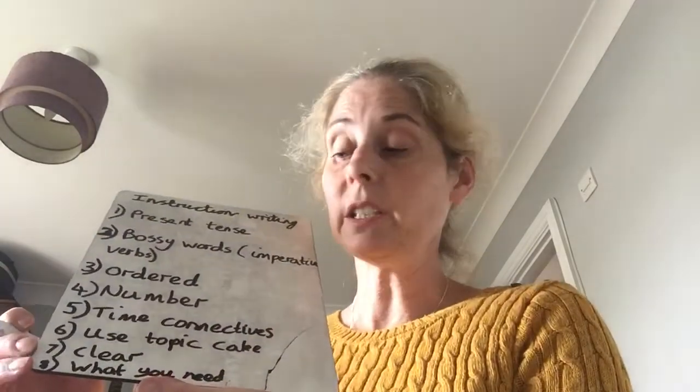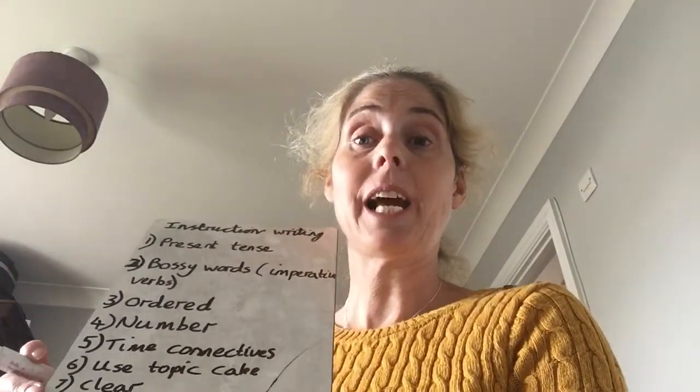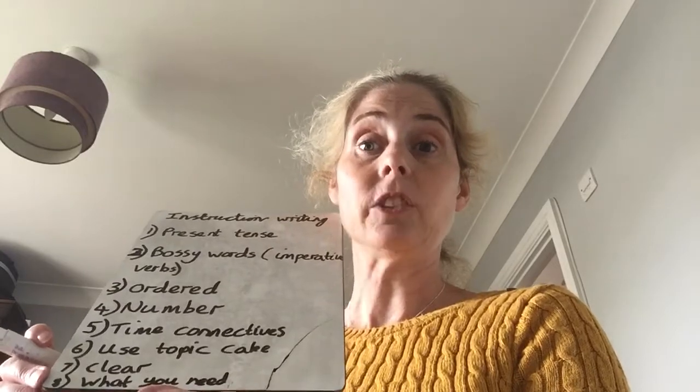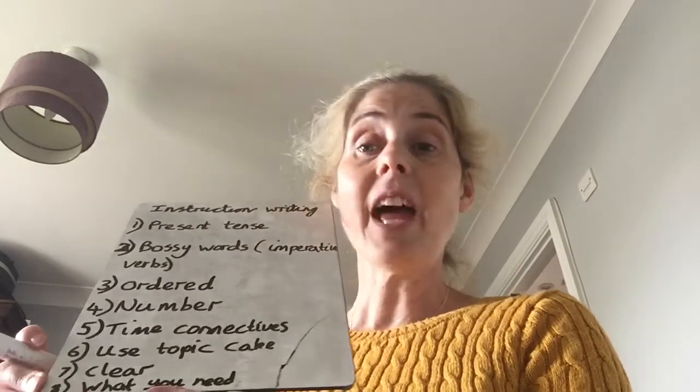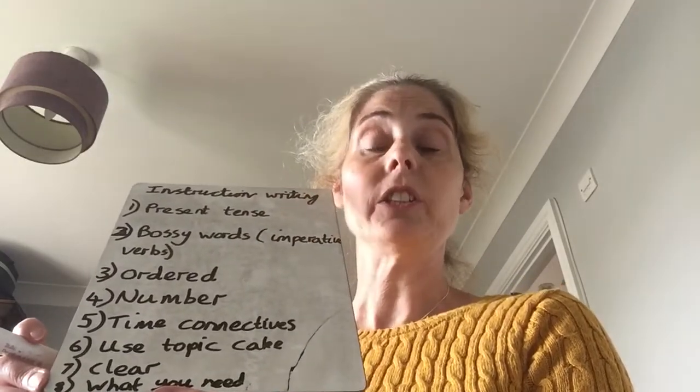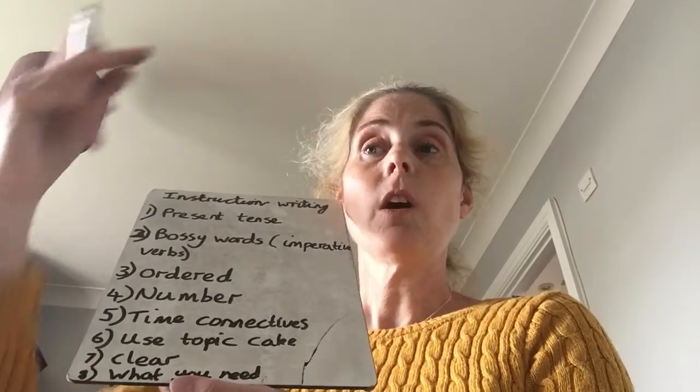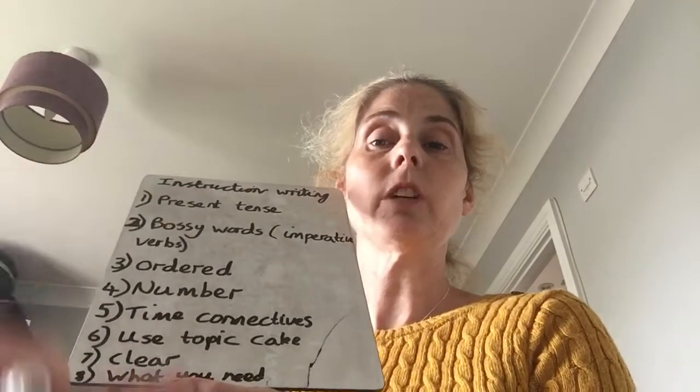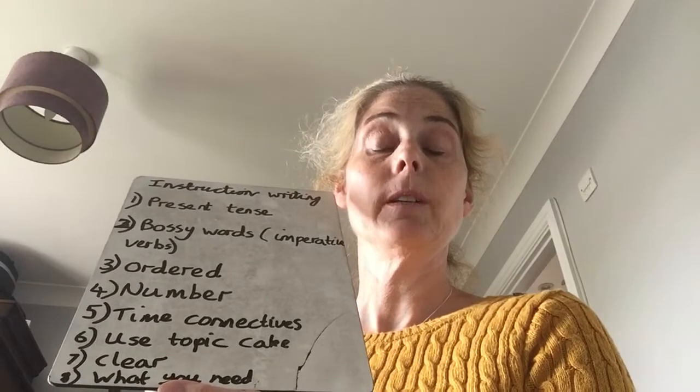Okay, the equipment you might need to help you, or the ingredients you might need to make that cake. It's really important that you start with telling people what they need, okay? And then you write your method. Your method is where you actually write the instructions telling people what to do, okay?